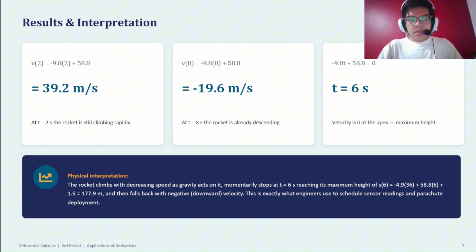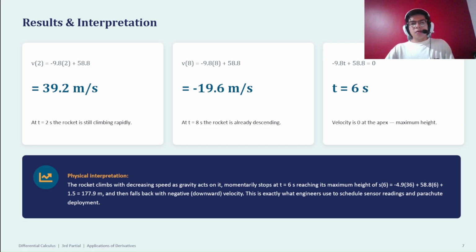And for B, the formula is v(8) = -9.8(8) + 58.8, which we already saw. So the result of that equals -19.6 meters per second. And for C we have t = 6 seconds.